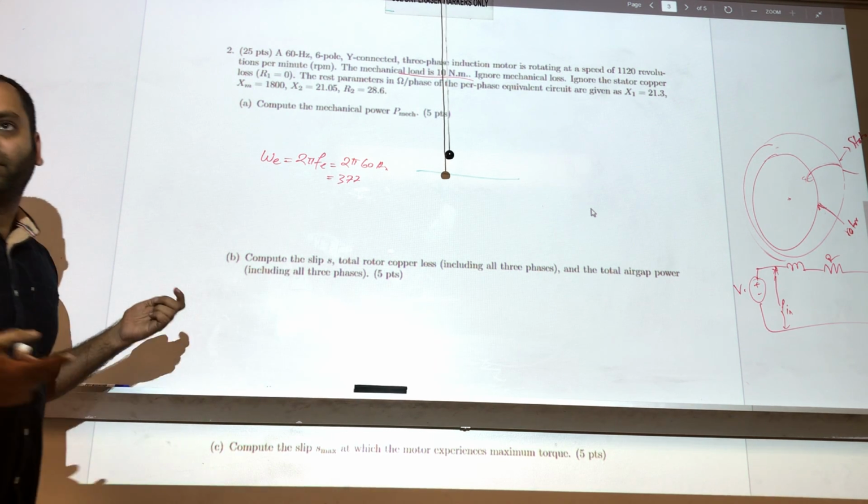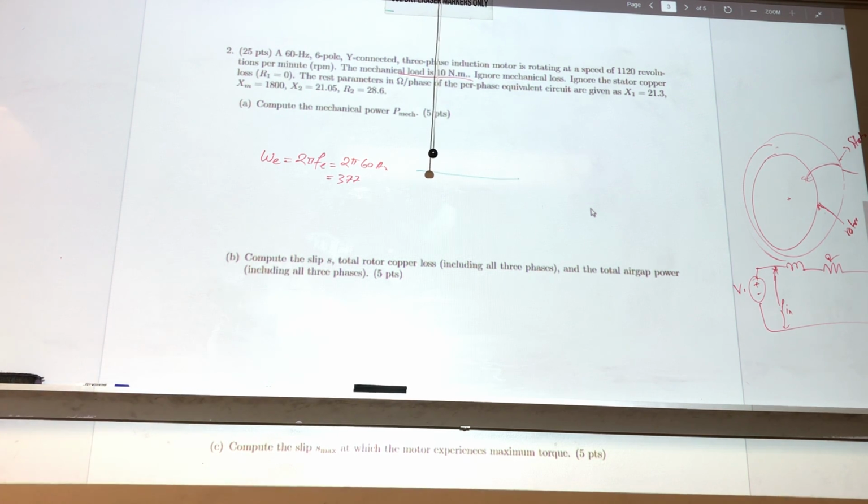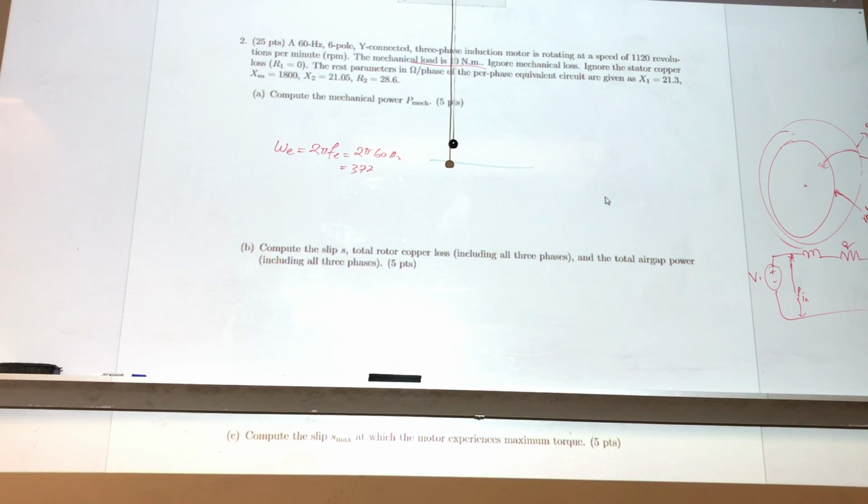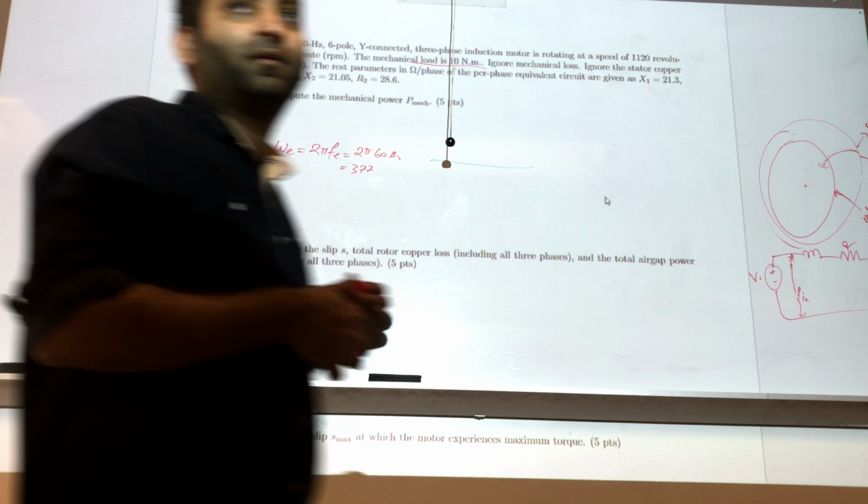Can you give me more information? I have it here as P mech over omega m. There should always be omega E. I have omega E too.